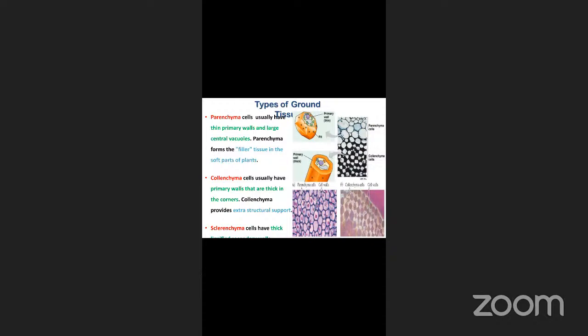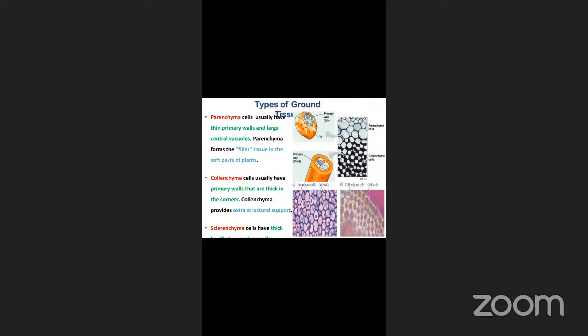Next, water storage tissue. For example, succulent plants store water in internal parts of the cell. That is commonly called succulent plants. For example, aloe vera has water storage tissue.